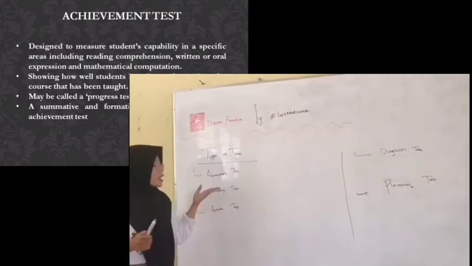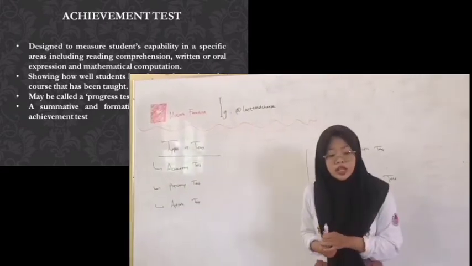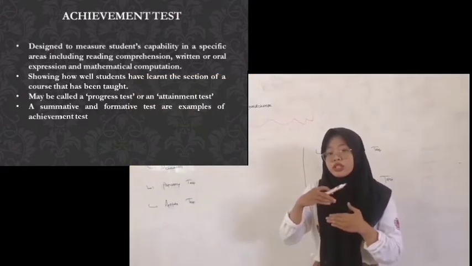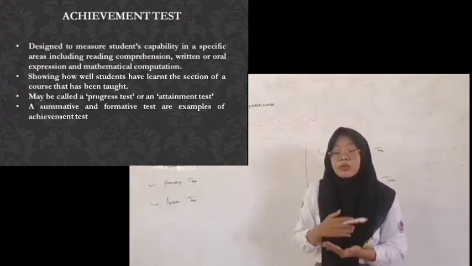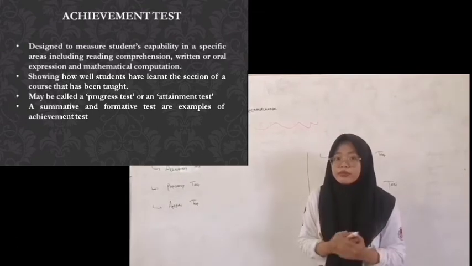The achievement test is designed to measure students' capability in learning language, but it only records the specific section of that language that has been taught. So it only measures their ability in the particular section that has been taught.